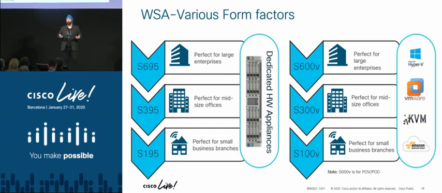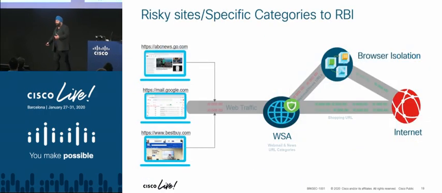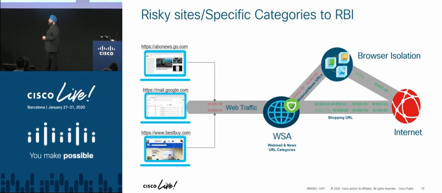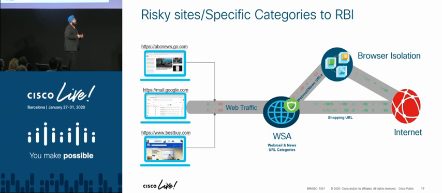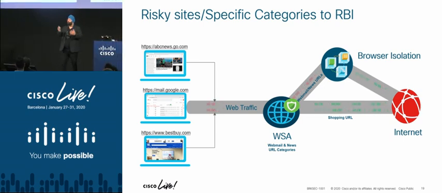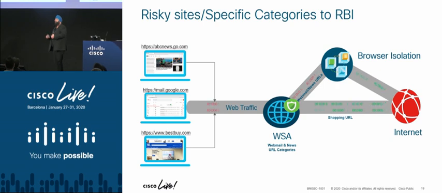Why would I use this browser isolation in conjunction with any of your web proxies? The first use case is risky sites, or a risky category itself. As I was mentioning about news websites, which have so many cross-reference links, you can use that category to send that traffic to browser isolation.